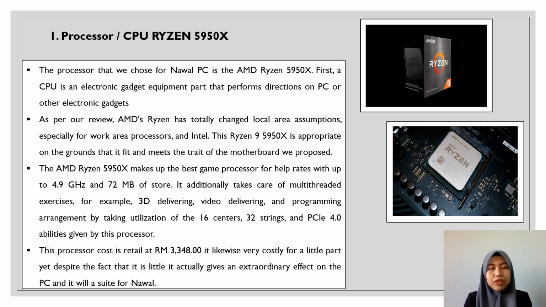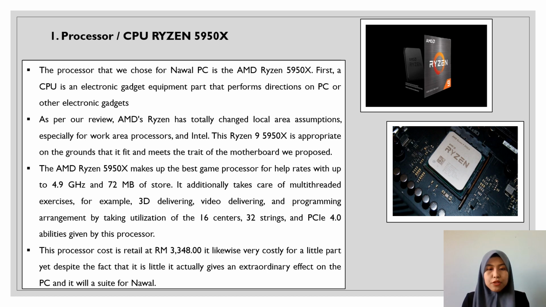As per our review, AMD Ryzen has totally changed the community's expectation, especially for desktop processors and Intel. This Ryzen 5950X is appropriate because it fits and meets the traits of the motherboard we propose.